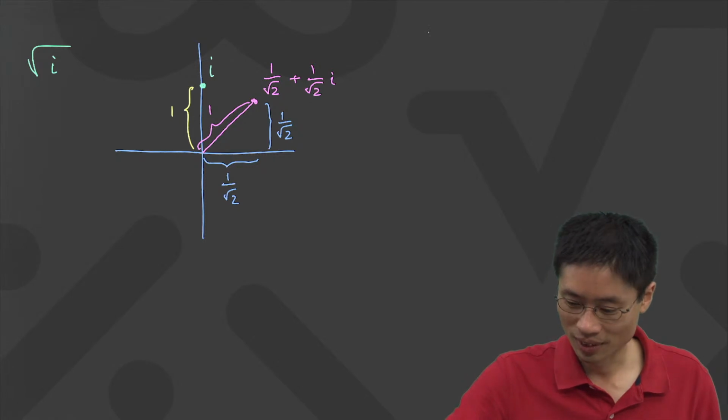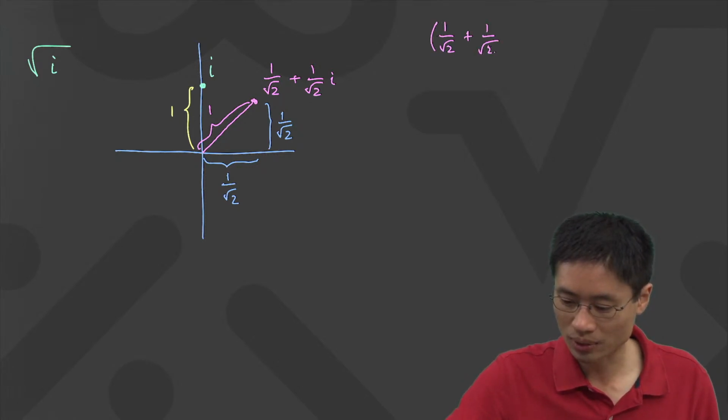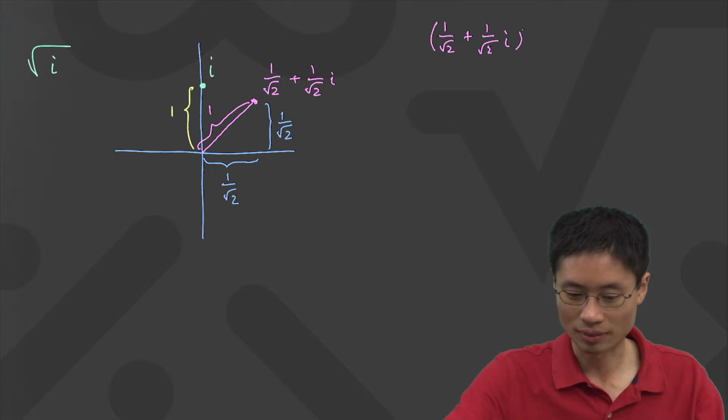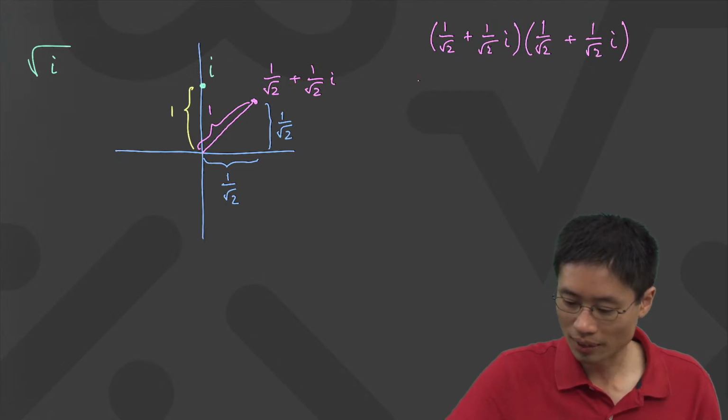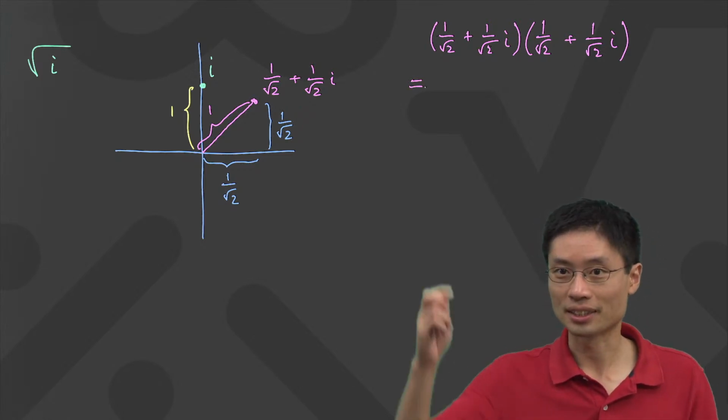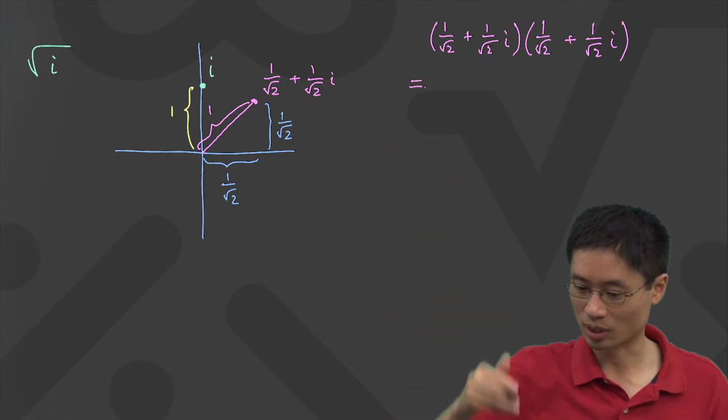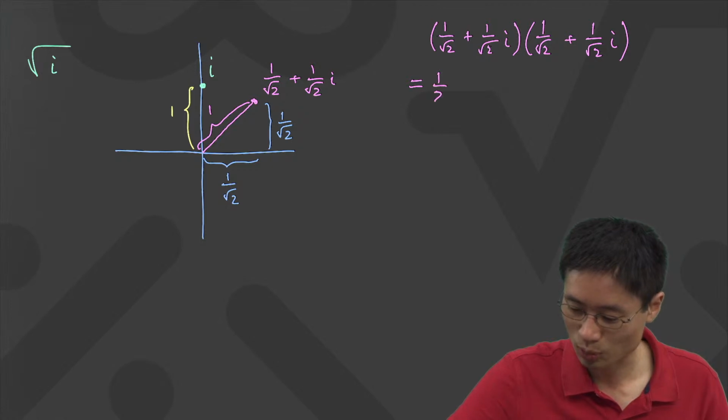Well, let's try. 1 over square root 2 plus 1 over square root 2 i times itself. 1 over square root 2 plus 1 over square root 2 i. Well, if I expand that out, I'll get the first thing times the first thing, which is 1 over square root 2 times 1 over square root 2. That's 1 over 2.